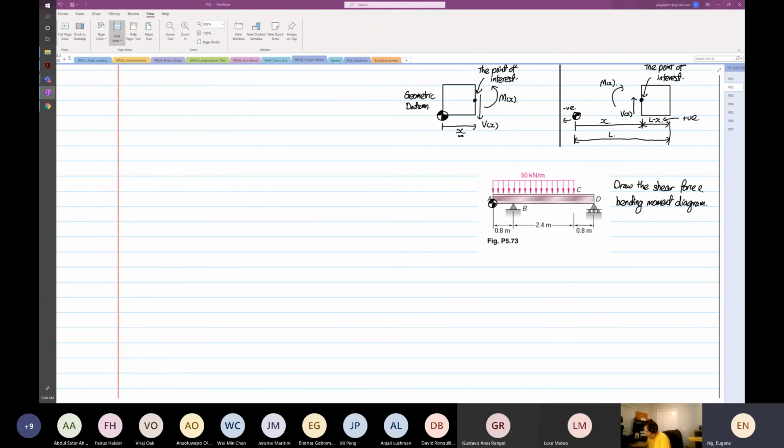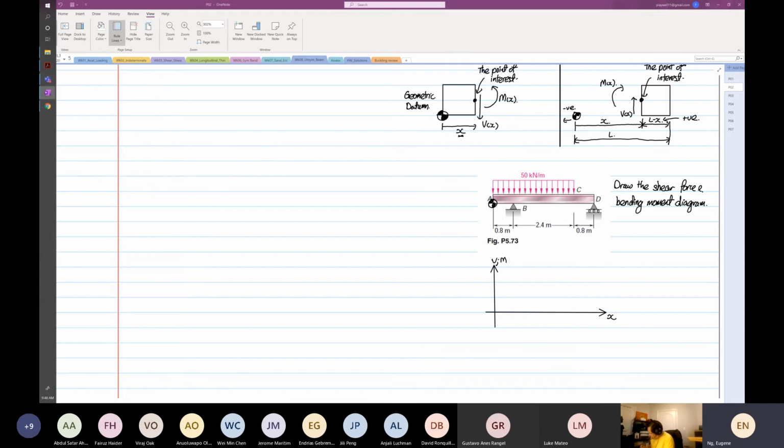So in that context, if we were to construct any shear force or bending moment diagram, we start with our shear force diagram. So this is our V, and this is our X. It can be V, it can also be your M, either way.